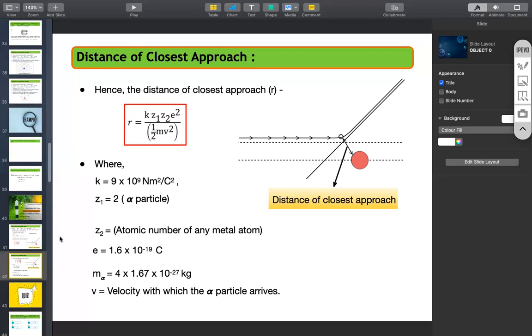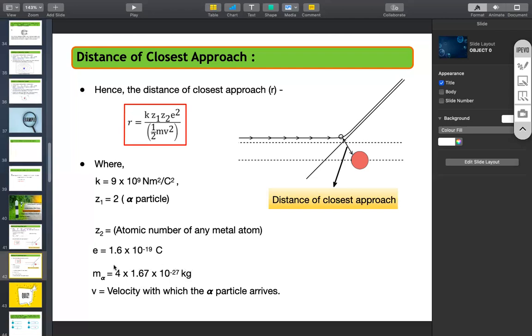As I told you, for an alpha particle Z will be 2. Z2 will be the atomic number of the metal atom on which the alpha particle is hitting. Now guys, the interesting part is who is hitting? The alpha particle is hitting. We have written the alpha particle mass like this.